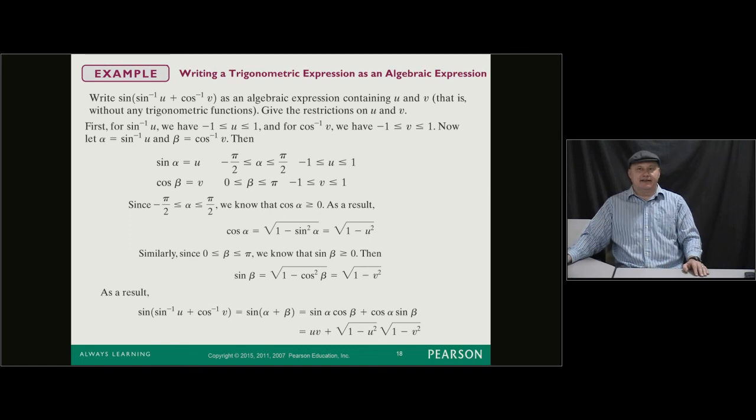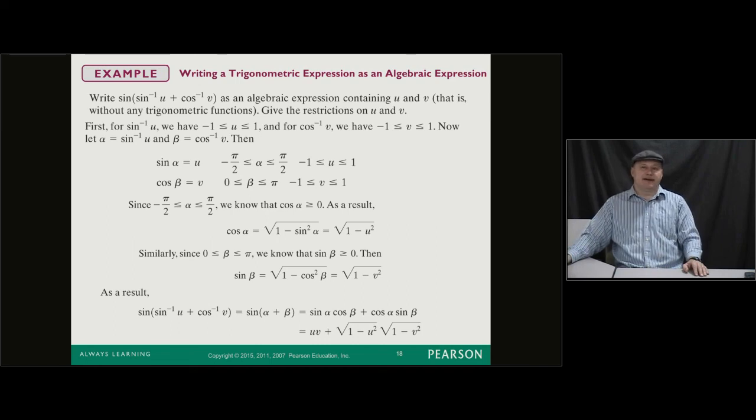Oh, that was v. Plus cosine of alpha, remember that is the square root of 1 minus u squared, and the sine of beta is the square root of 1 minus v squared. That last step is just a matter of going up above on the screen and plopping in those values.